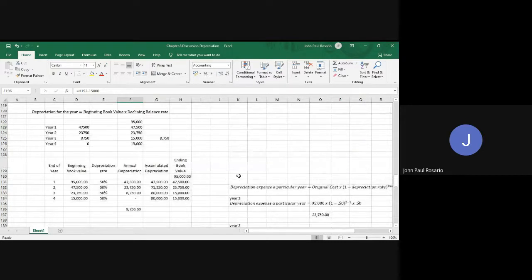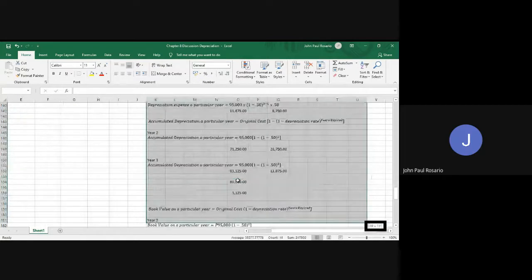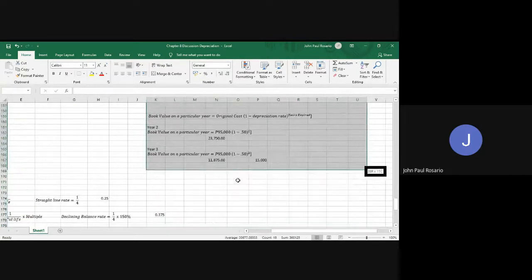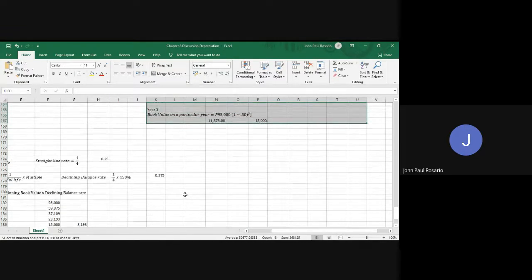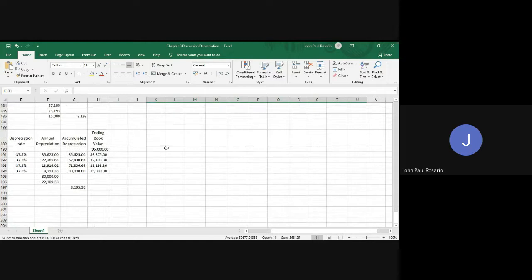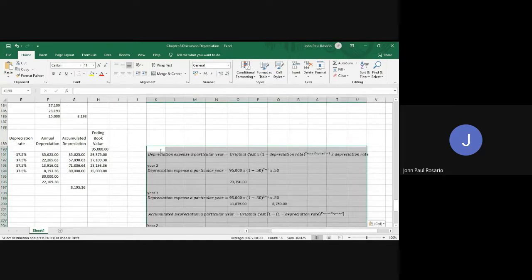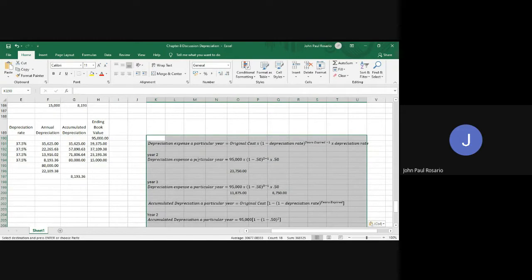Now let's try our hands on this part while using the second table because I believe mas ideal siya gamitan ano yung mga formulas, kay on year 3 pala no need to adjust. Okay? Depreciation expense in a particular year, that's 195.